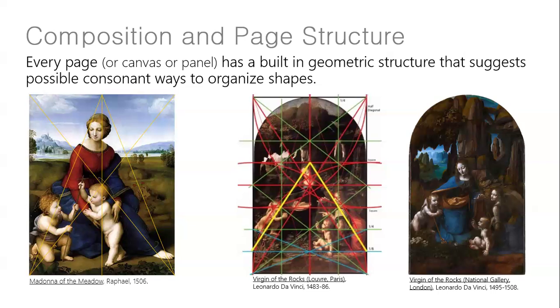Compositions can also be divided up into thirds and other kinds of mathematical formulas. And when we start looking at artwork and how they use the geometry of the page, we start to notice certain things. On this page, we're looking at a bunch of Renaissance artwork.